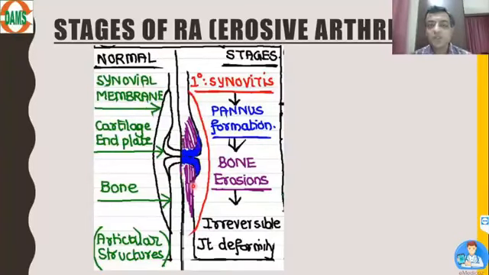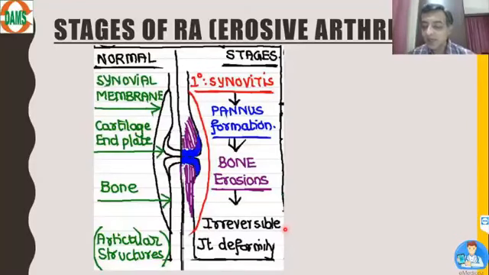And these bone erosions are the ones responsible for causing irreversible joint deformity.